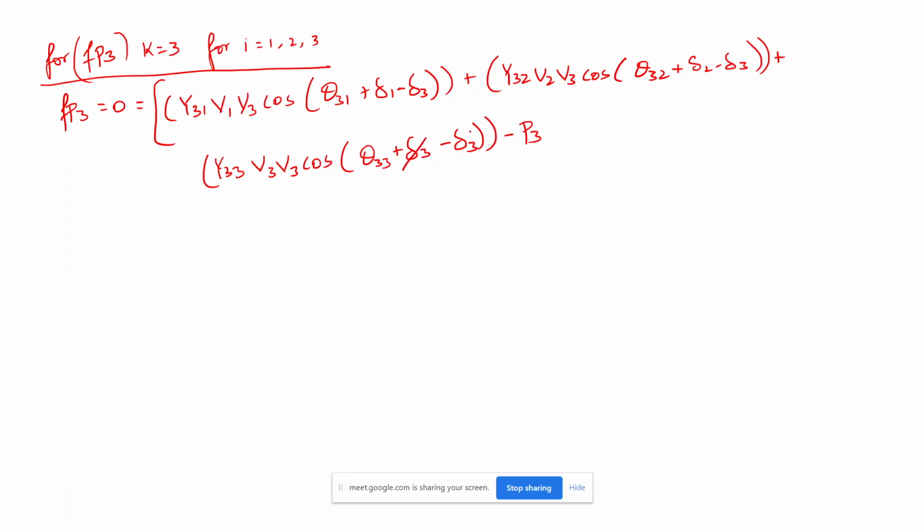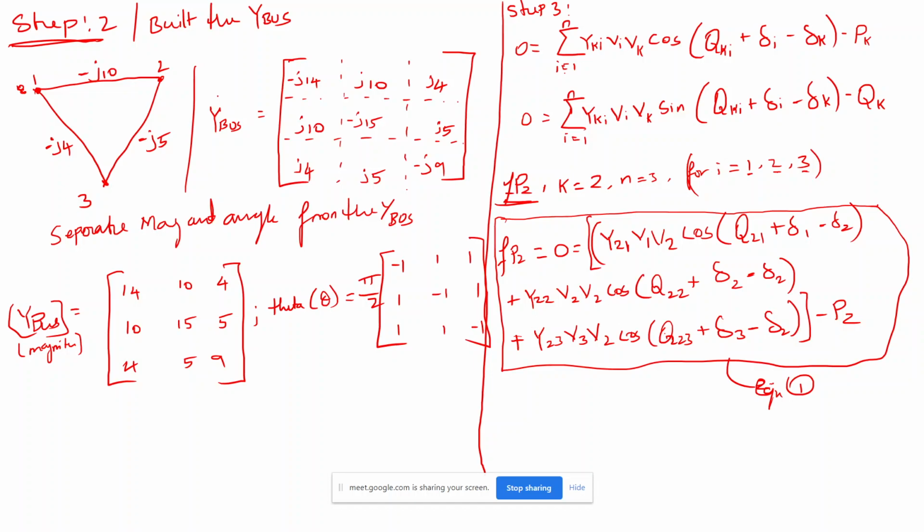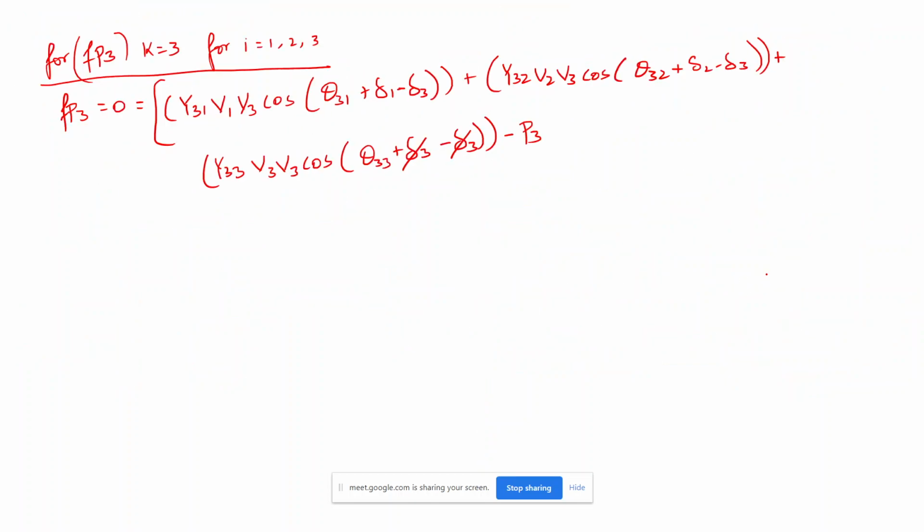You see this del 3 can be cancelled, right? In the previous case also we can cancel this 2, because del 2 minus del 2 we can cancel. And this is equation 2.